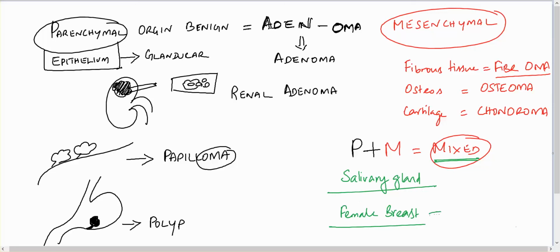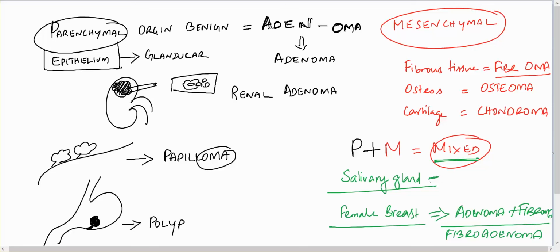In the female breast, if there is a tumor having glandular structure, it is adenoma, plus fibrous structure, it is fibroma. So we call it fibroadenoma. So it is a mixed tumor.